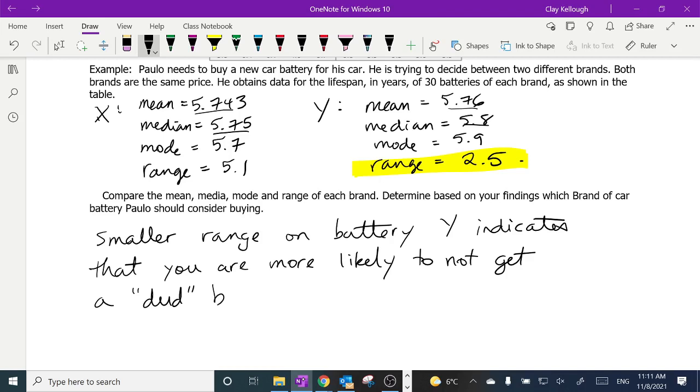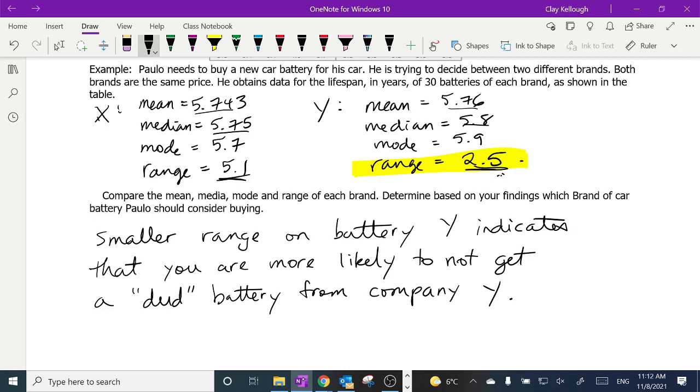A dud battery from company Y, right? The fact that this range is bigger than that range means that the data is more spread out. This data has more of it closer to the mean.